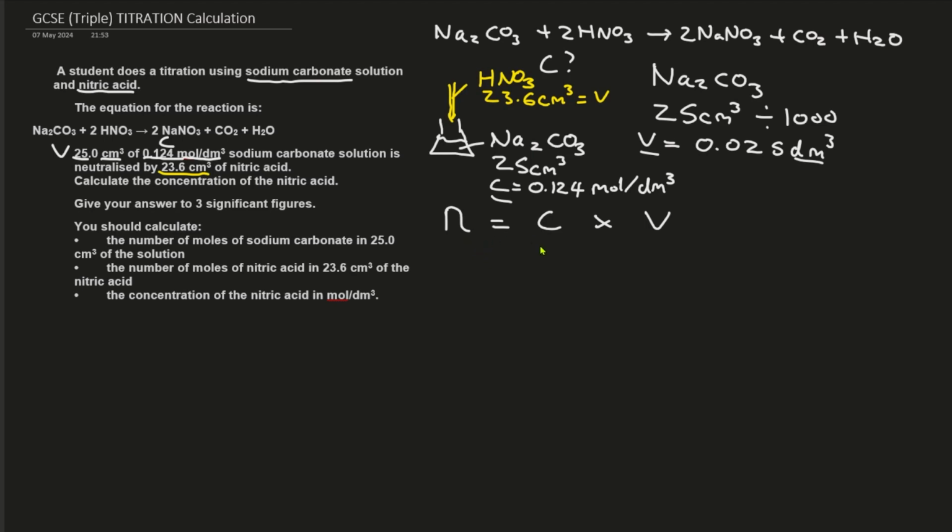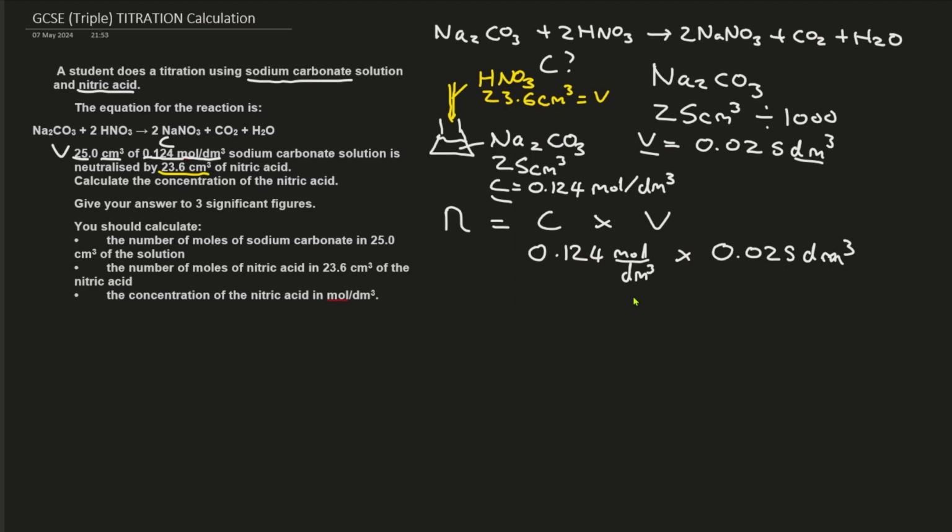So this is the concentration calculation for moles, which is concentration times volume. And in this case, we have 0.124 moles per decimeters cubed multiplied by our 0.025 decimeters cubed.